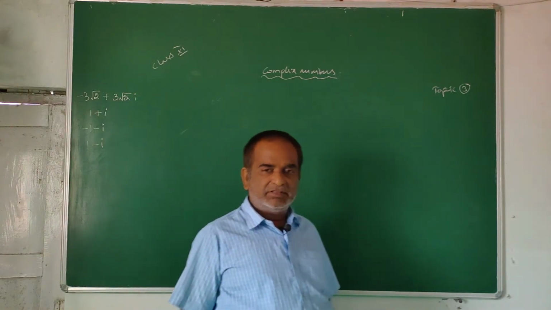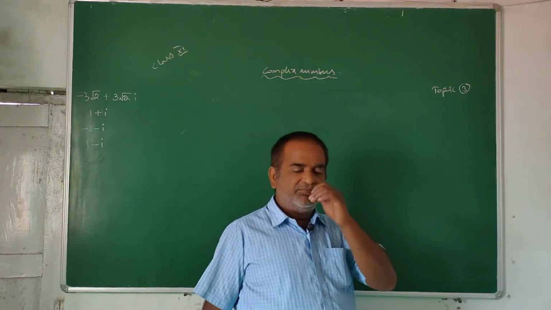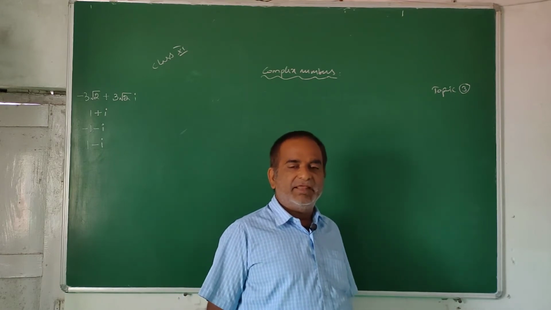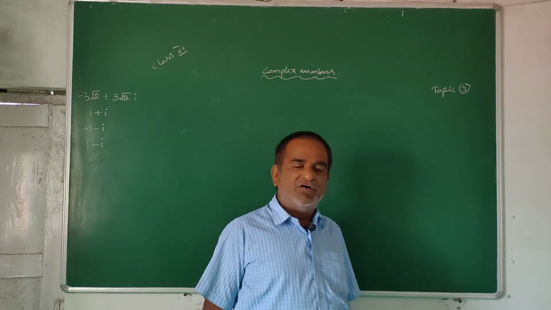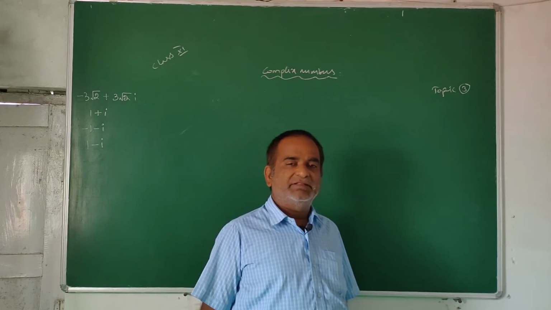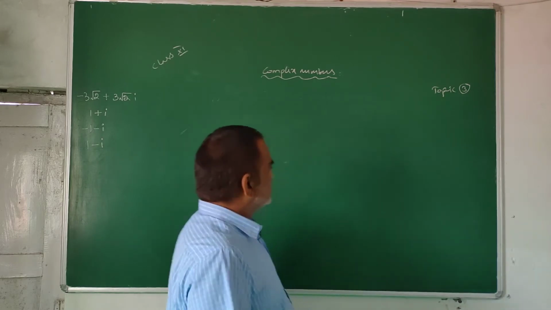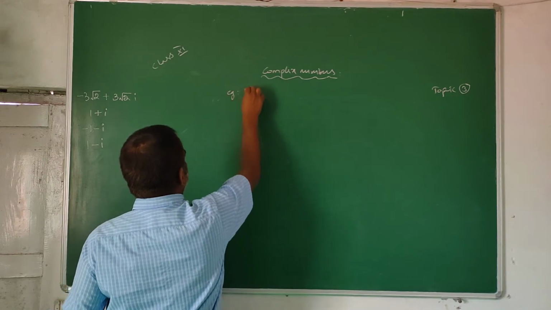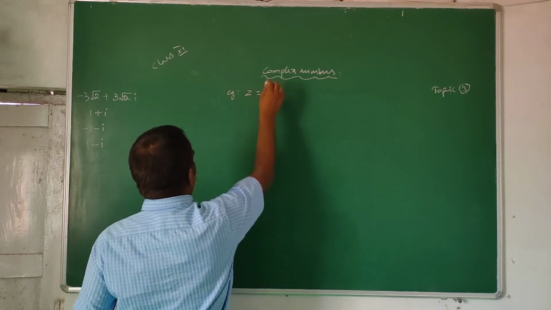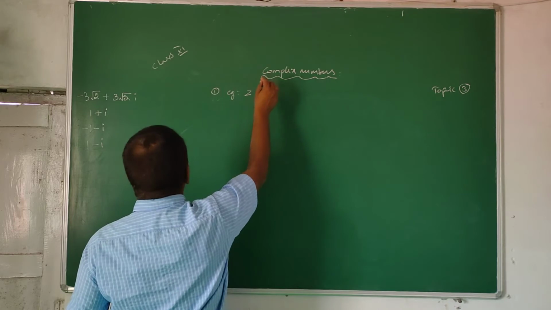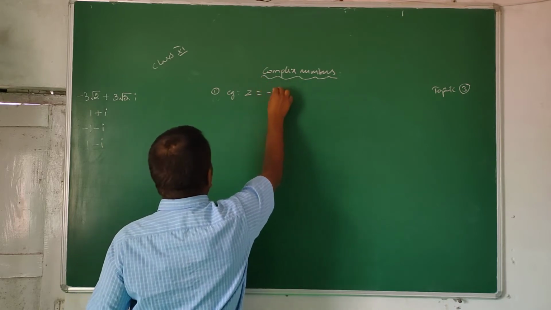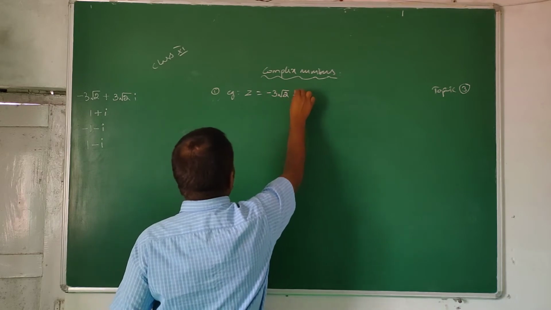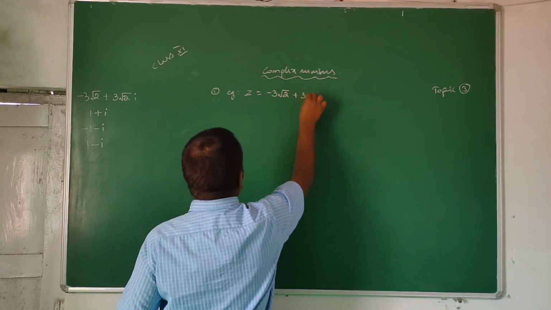Now we are doing some problems relating to polar form. Here a complex number will be given in its standard form, and we have to express it in polar form. So for example, example 1: the standard form of a complex number is minus 3 root 2 plus 3 root 2 i.